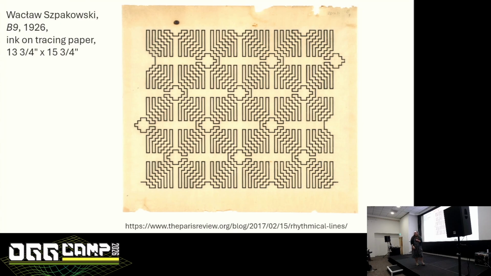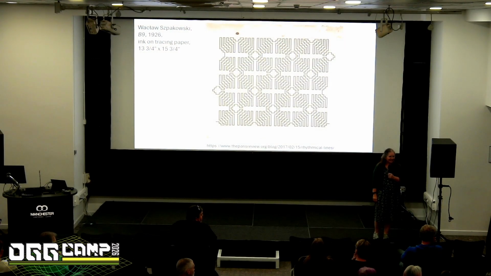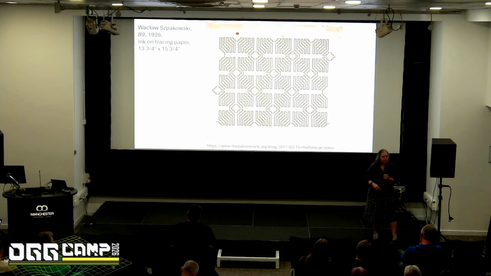Could you make, I know it kind of goes against the algorithmic abstract idea, but could you make a non-abstract thing, I don't know, a smiley face, something like that, using the algorithmic patterns?